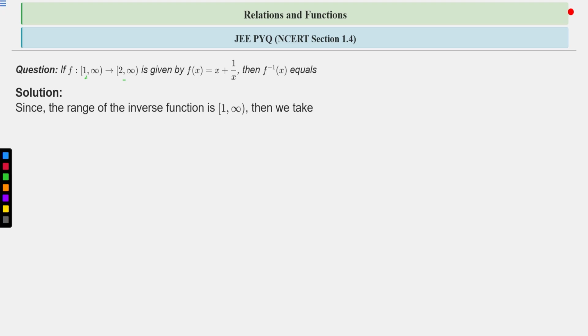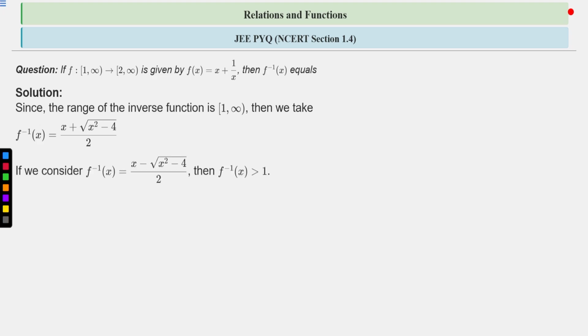Since the range of the inverse function will now be 1 to infinity, because it was the domain of f(x), it becomes the range of f inverse x. Then we can take f inverse x as x plus root over x square minus 4, upon 2, because when we take x minus root over x square minus 4 upon 2, it will not be in the range, because the range is from 1 to infinity.